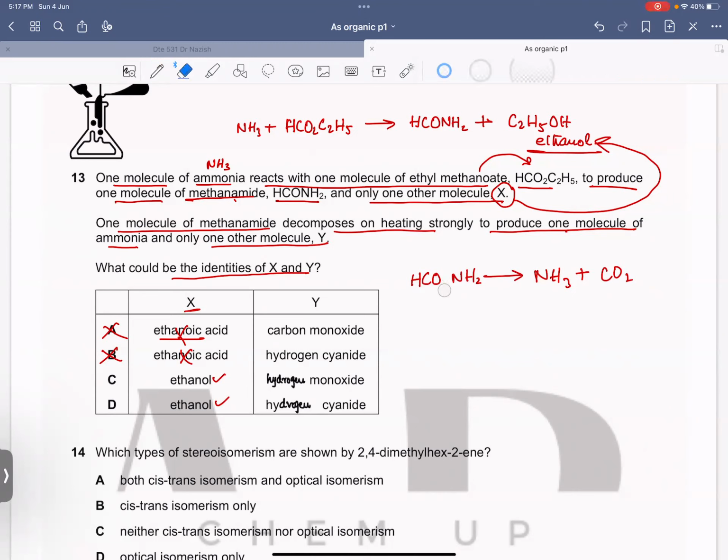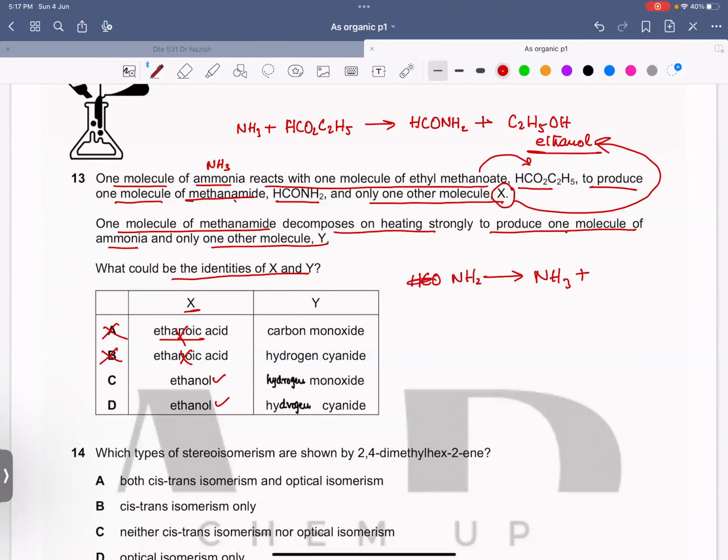The leftover is carbon monoxide. I had written it wrong. So C is your correct answer and D goes wrong.